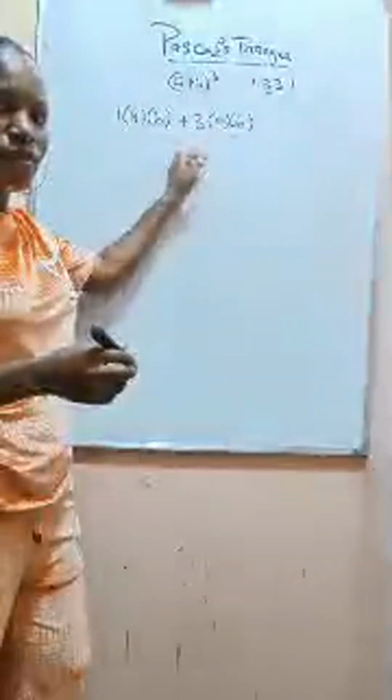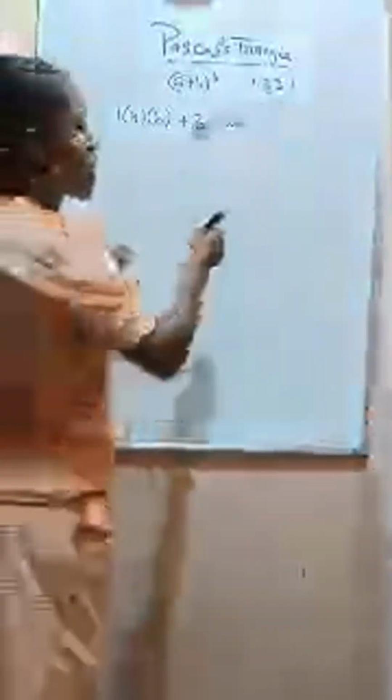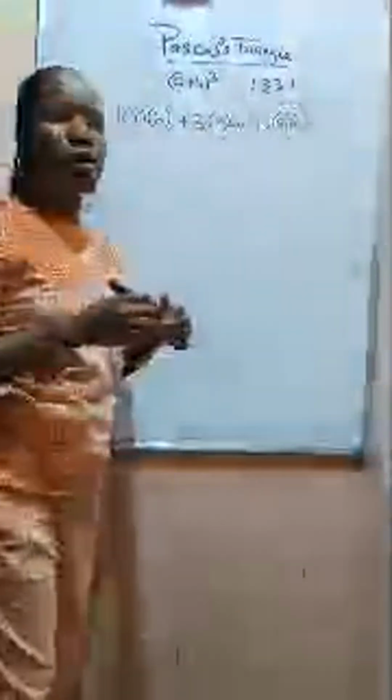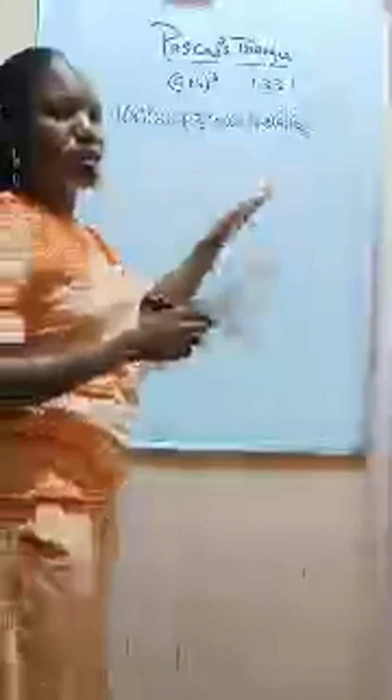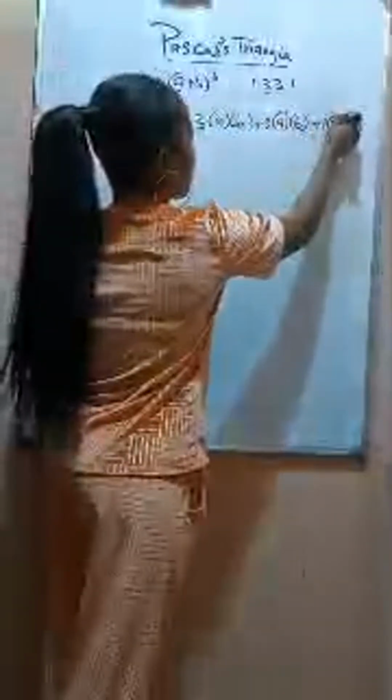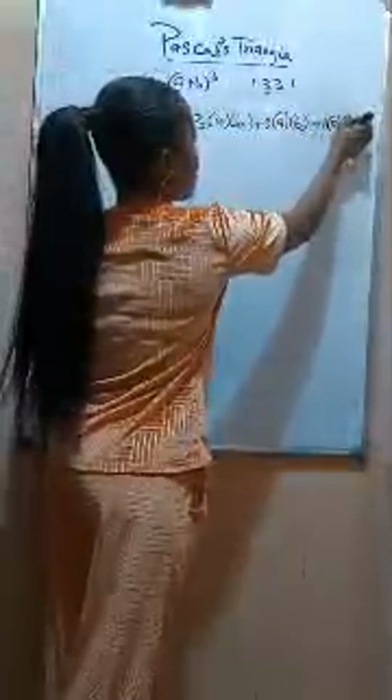Then we have the next 3, so write plus 3 bracket A bracket B. Then we have 1 remaining, so that is plus 1 bracket A bracket B.